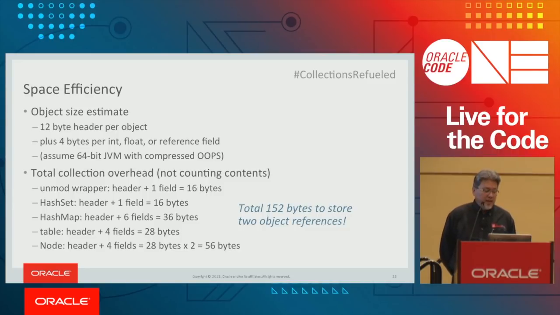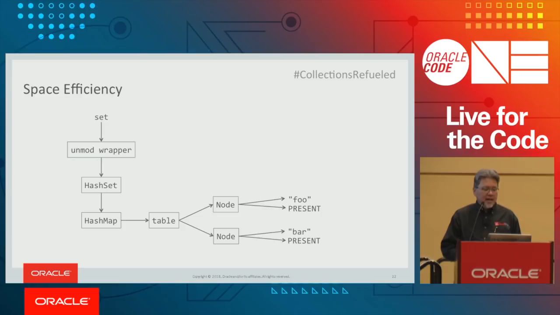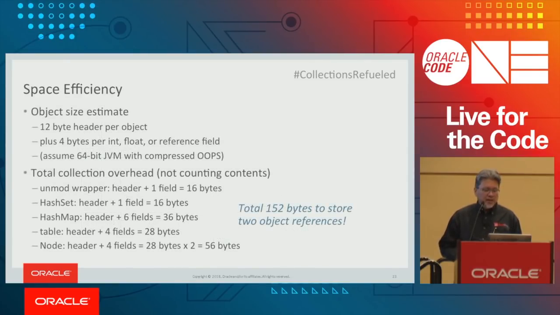That's the first thing. And then in addition to that, there's the data for the actual object itself. I have an accounting of it here. The details aren't really all that important, but if you look at that graph of objects on this slide, and count up all the object headers and then the fields within these objects, you get a total of 152 bytes. But this is just a set containing 2 elements, and I'm not even counting the strings themselves, right? This is just the overhead in the collection of storing 2 elements.